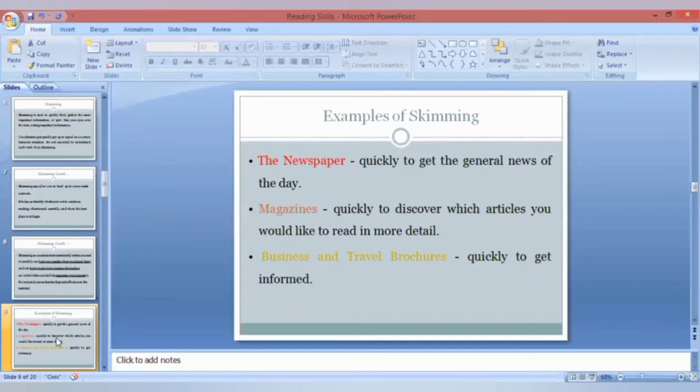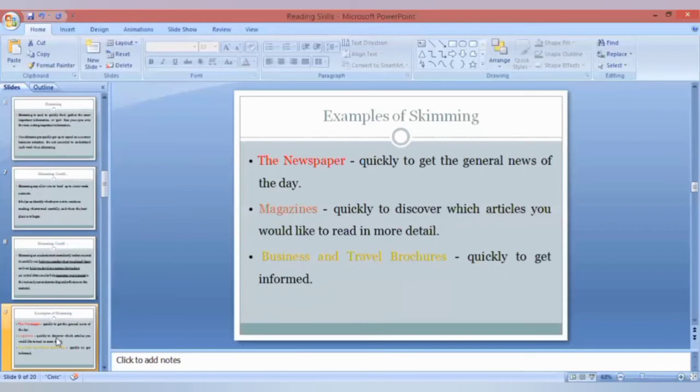You read that in order to get the general news of the day, to know about what is going on in your district, within the country, across the country, or in the whole world.